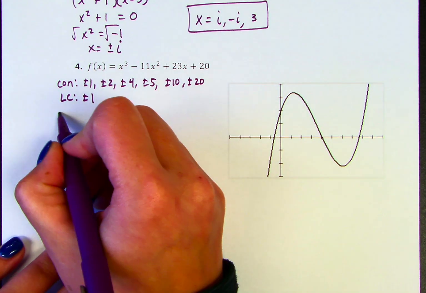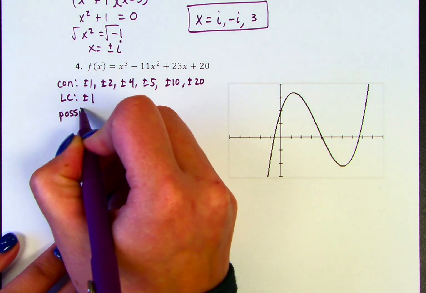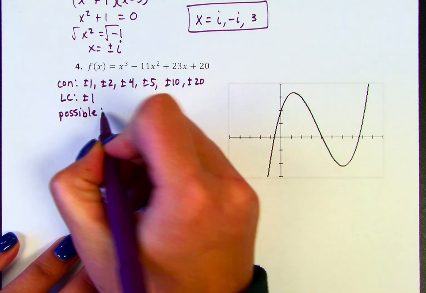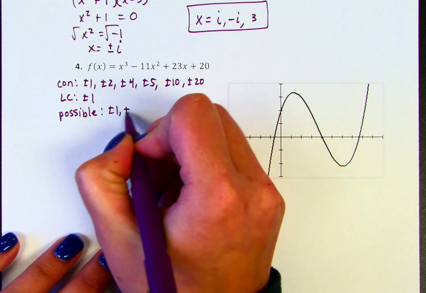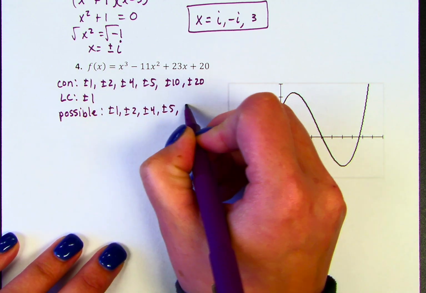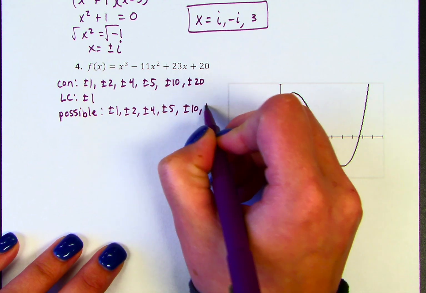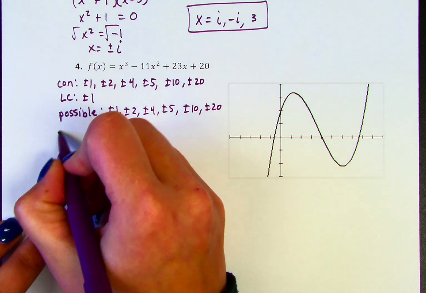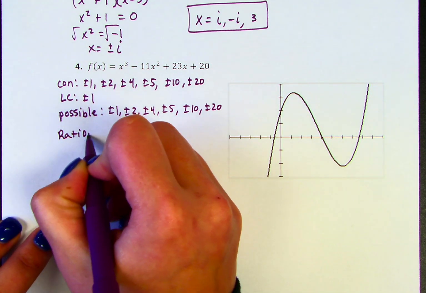So then our possible answers, I'm just taking each of these and dividing them by 1, so that's actually not going to change. Now you do not have to include this as part of your work. This is just a way to check to see if your rational answer makes sense.